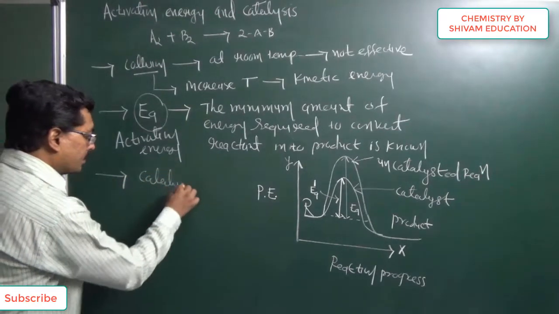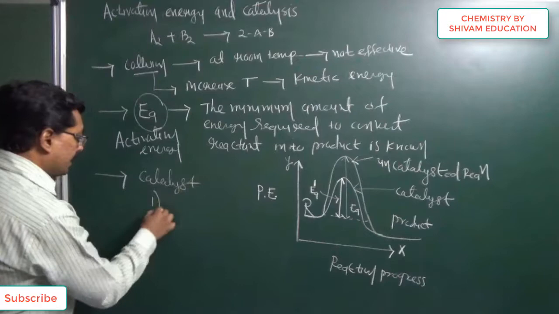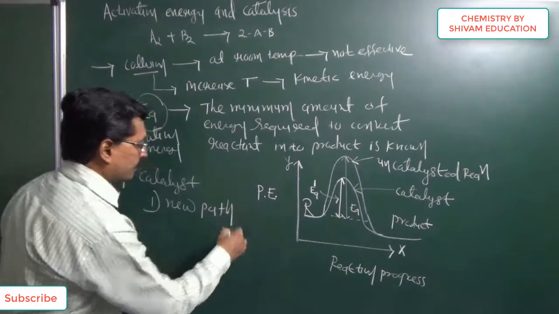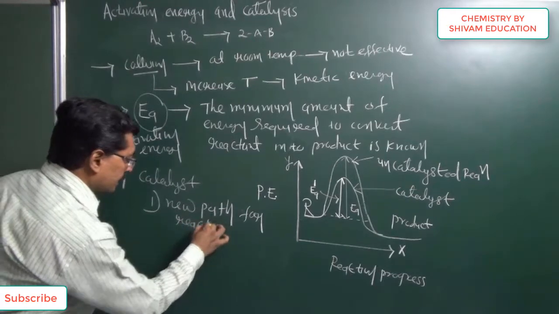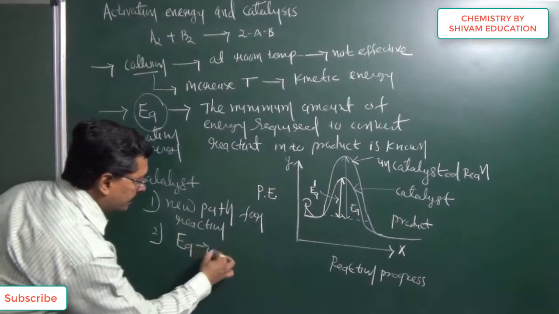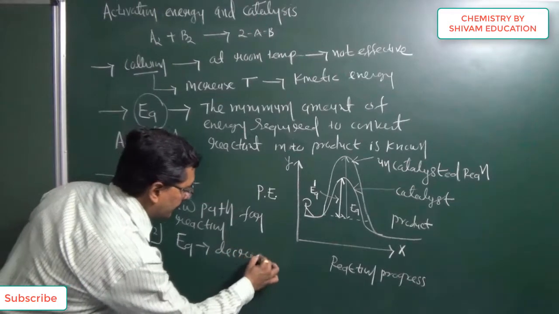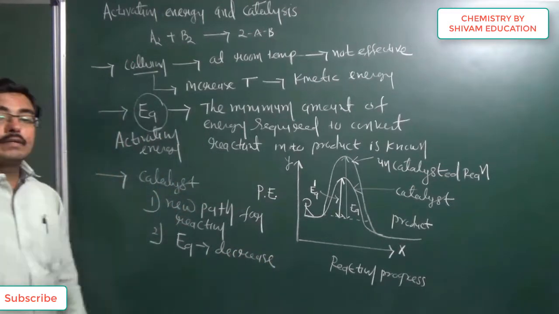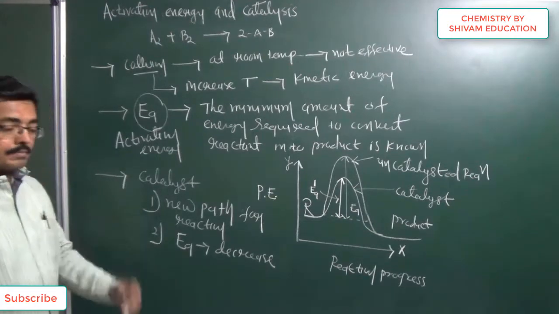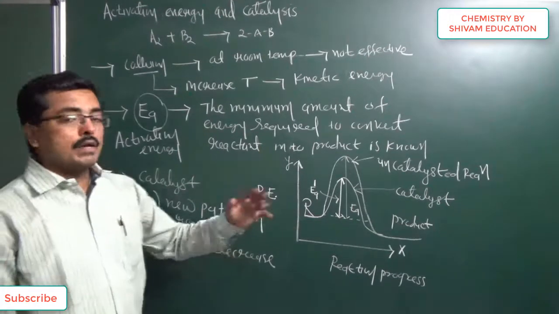So the advantage of catalyst, we can write, is that it provides a new path for a chemical reaction. And because of this, the activation energy EA to complete the reaction will decrease, and therefore the reaction occurs in less time and product will be obtained.